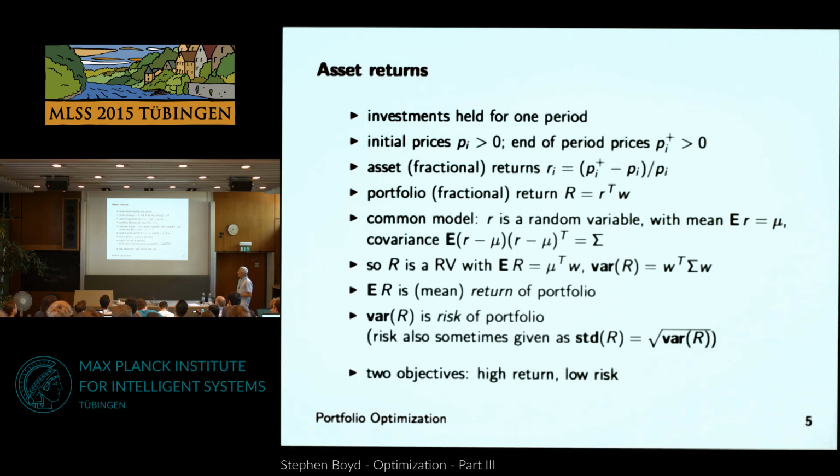Okay. Now, a common model is that r is a random variable, the returns, with a mean mu and a covariance sigma. So that's a very common model of this. It is, in fact, false, just for the record. As pretty much anytime anyone says, I'm modeling this as a random variable, that statement is false. It's useful only to the extent that when you pretend it's true and carry out methods, you actually end up doing something good in the end.